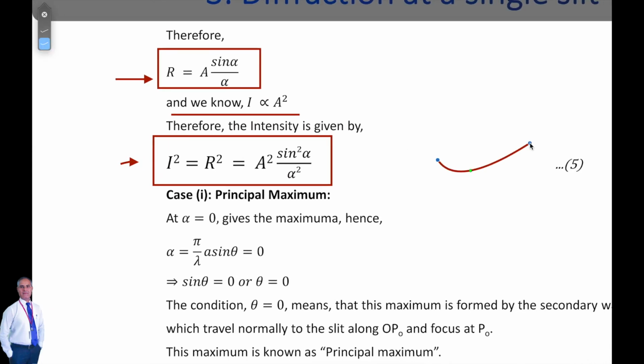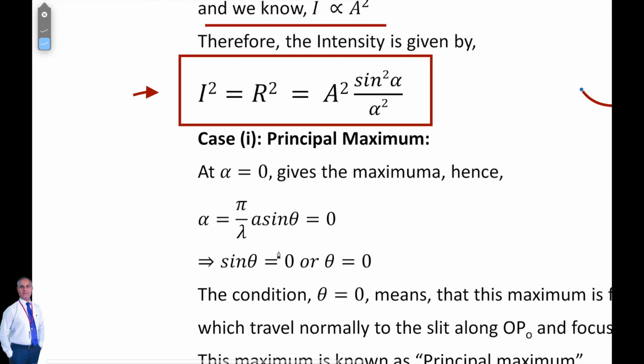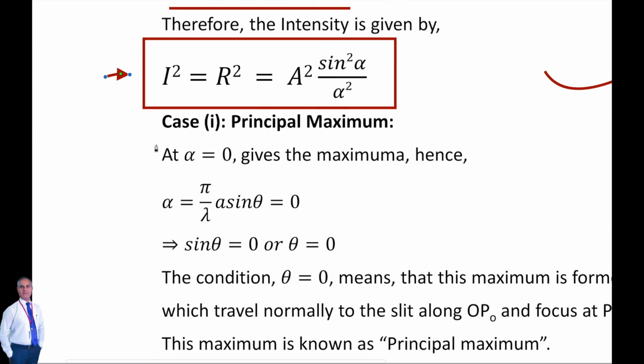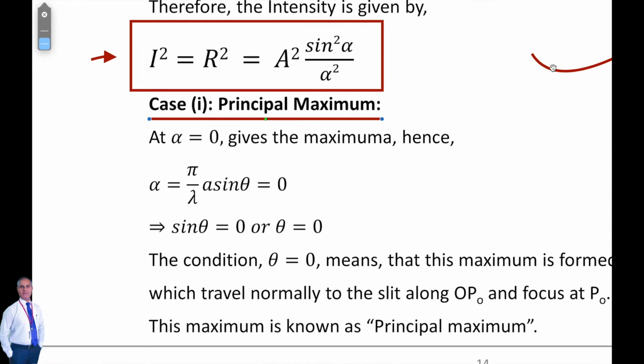This equation is the equation for the intensity at point P0 where there is no diffraction of the light. That means diffraction angle theta is equal to 0, where we are getting maximum intensity of the light. Now let's find out the conditions for the principal maxima. That is the first case.